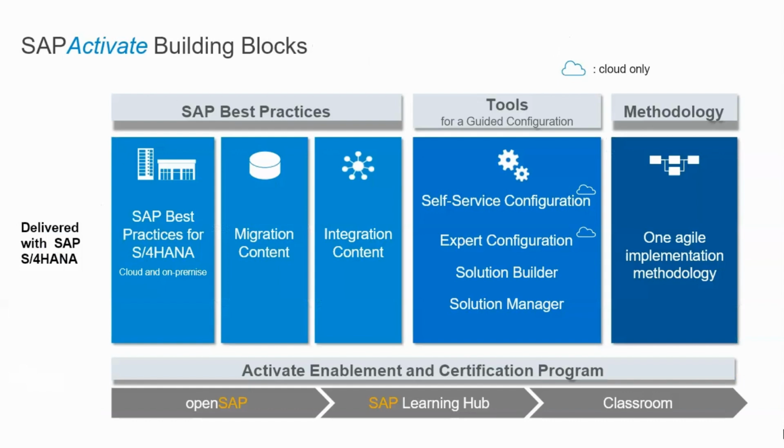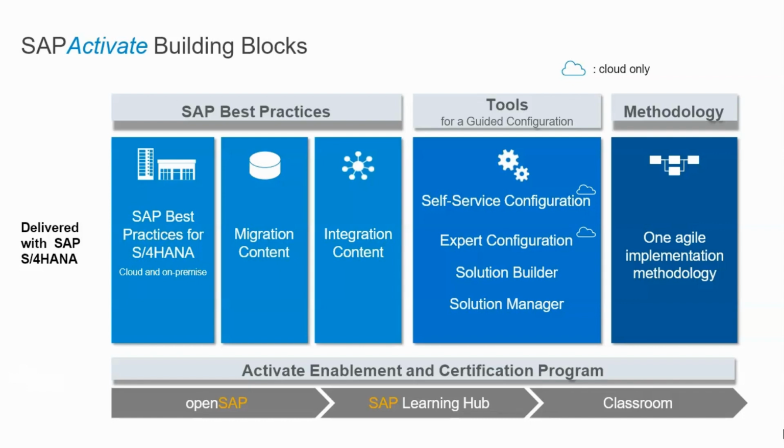So we've got the SAP Activate building blocks. Now, SAP best practices include SAP best practices for S/4HANA, migration content, and integration content. Tools we have for guided configuration, self-service configuration, expert configuration, solution builder, and solution manager. These are all the tools that we have, and we're going to discuss these in detail as well.